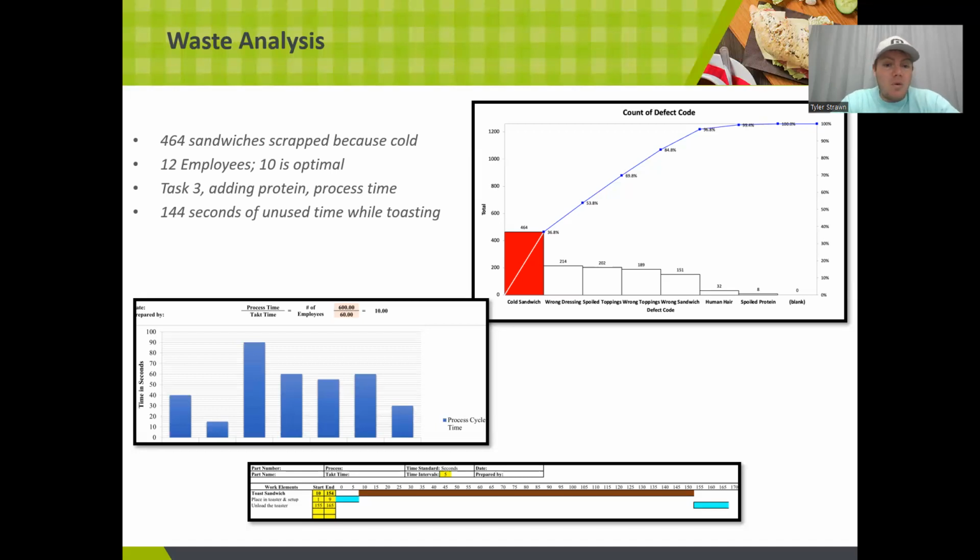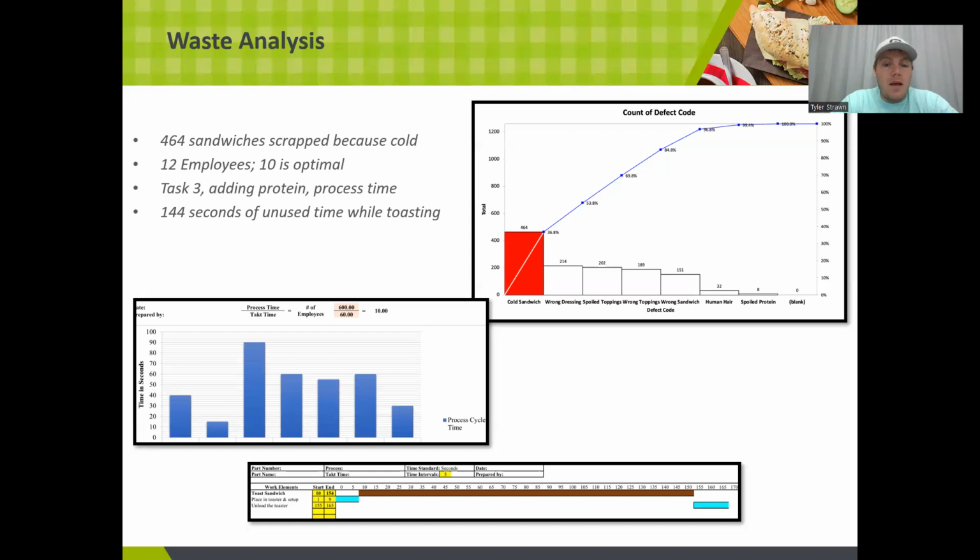But as mentioned, far and away, the cold sandwich is the biggest issue. Now, when looking at our work balance chart, we can see that each process cycle time varies from the last. There's a very high variation, even from process to process. This creates inefficiency, and especially when we have a 15-second process, process 2, immediately followed by a 90-second one, which is serving as quite a barrier.